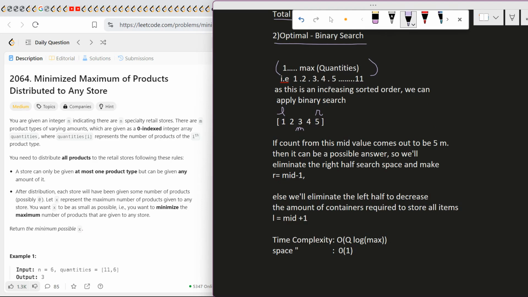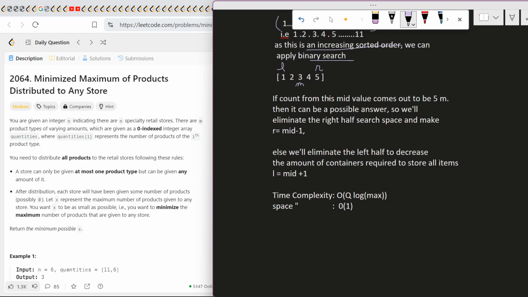So as this is in increasing sorted order, we can apply binary search on it. This will be our left, this will be our right, and then we will calculate the middle value and compare it with the bottleneck, which is that the given containers should be less than or equal to n.